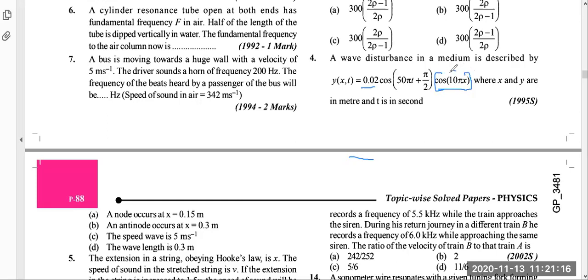So when the amplitude is 0, because it is cos kx, the node occurs at this. So node will occur when it is 0. So I can say that this 10 pi x is equal to pi by 2, so from here I can find the value of x. Yes or no?